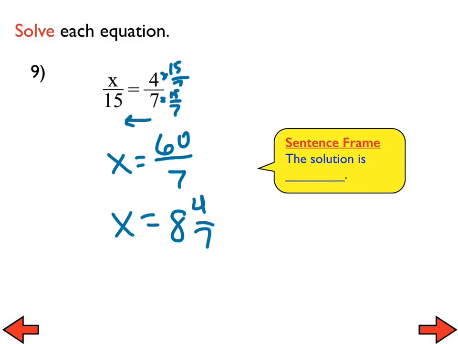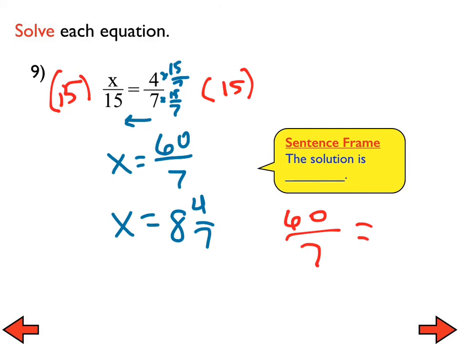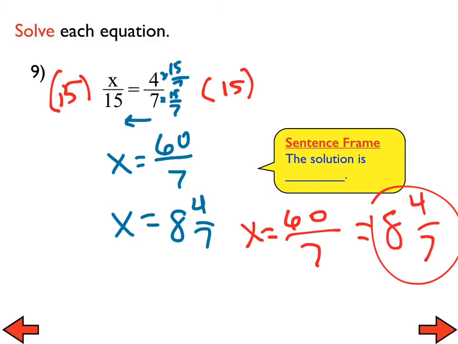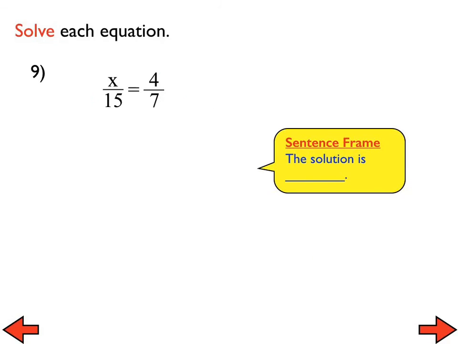If you use the new method, then you would multiply both sides by 15, and you would still do 15 times 4, which is still 60/7, which is still 8 4/7. Everyone got this right?